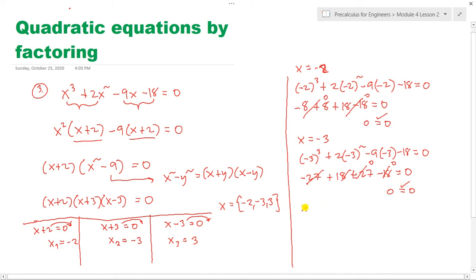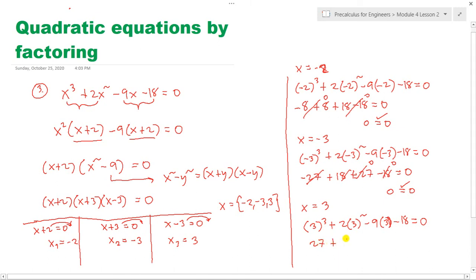How about the third one? The third one is x equals 3. So substitute it to our equation. We have 3 cubed plus 2 times 3 squared minus 9 times 3 minus 18 equals 0. So 3 cubed is 27.